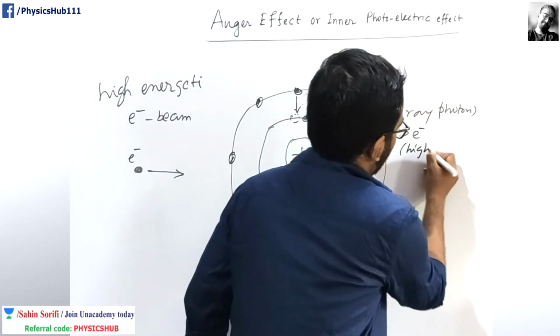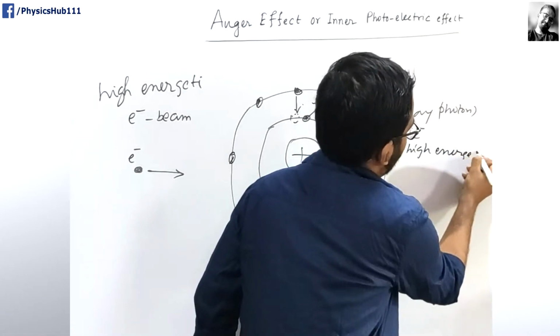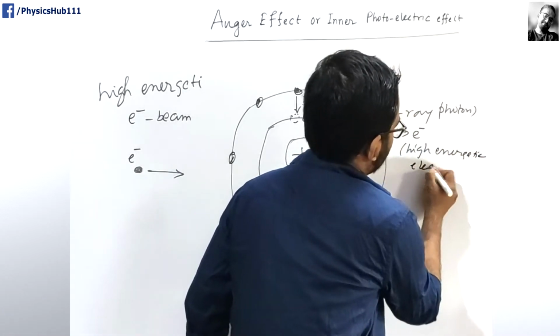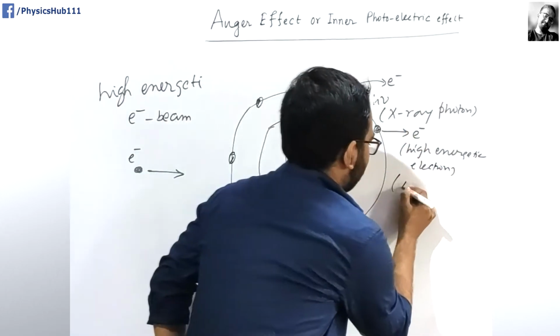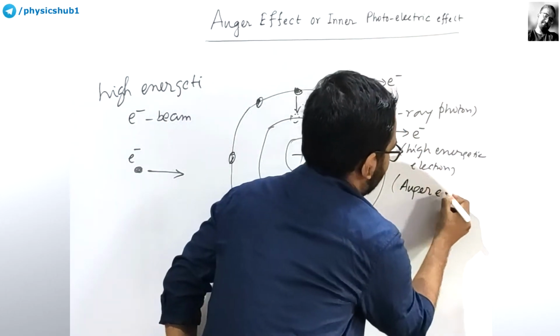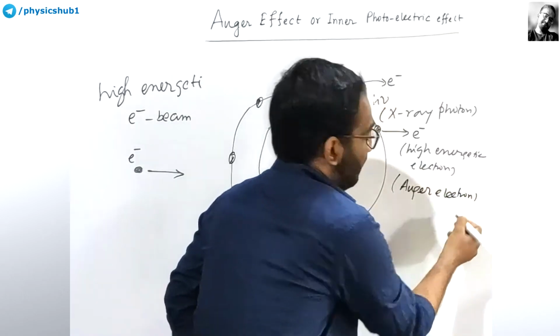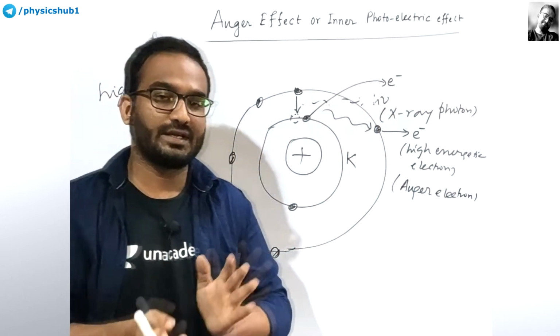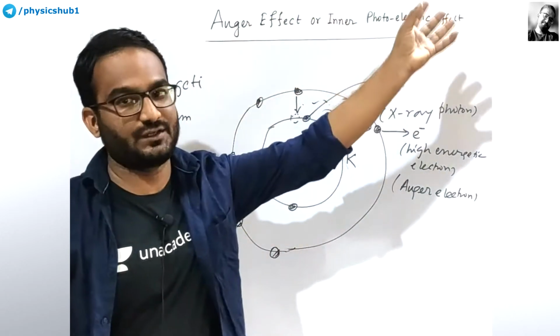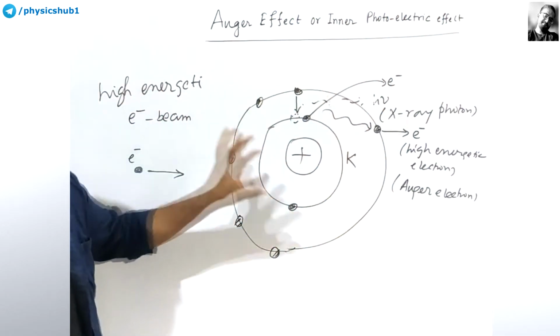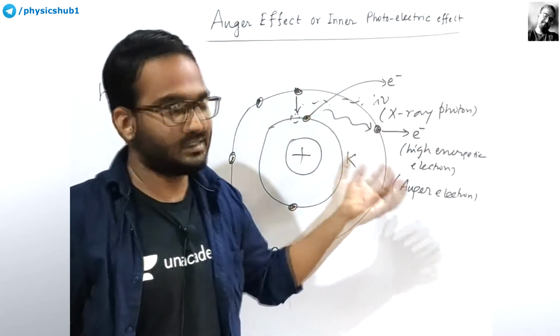This electron is called the Auger electron, and this phenomenon is known as the Auger effect or inner photoelectric effect. You see, inside the process some kind of photoelectric effect is happening.